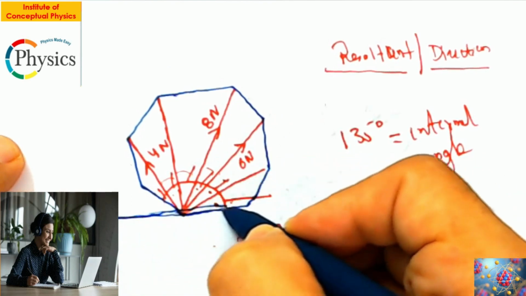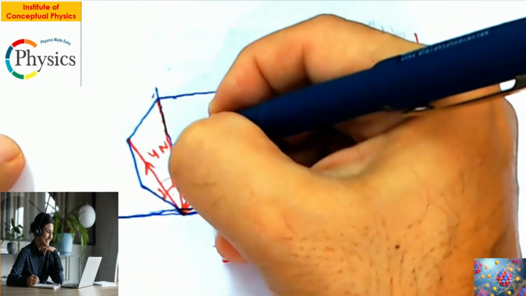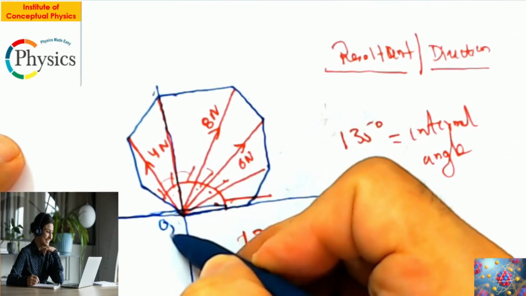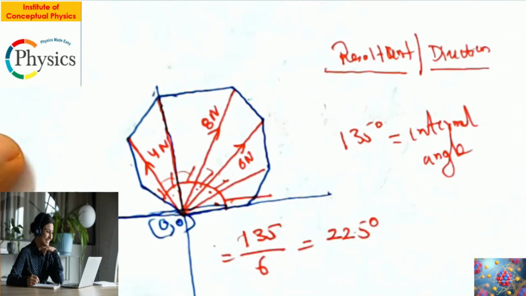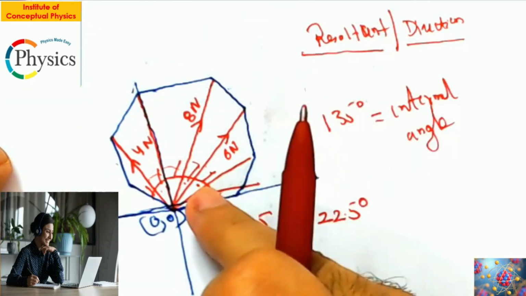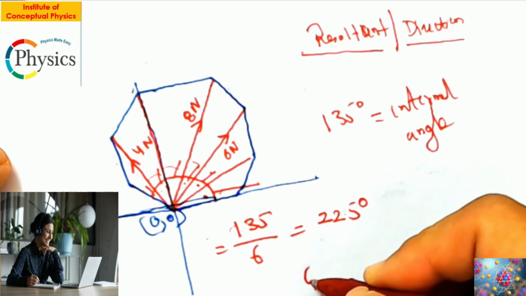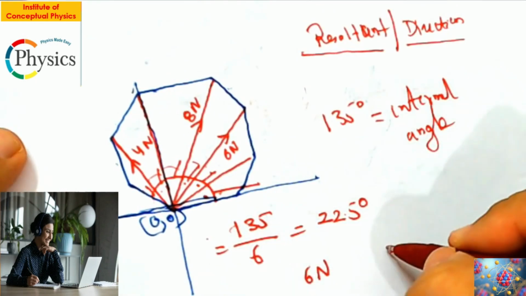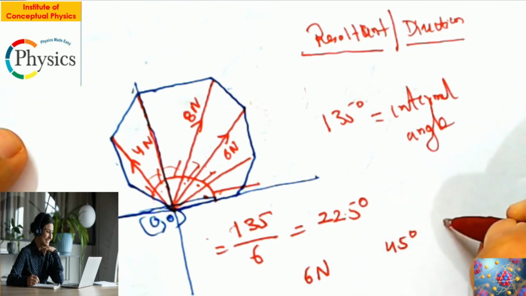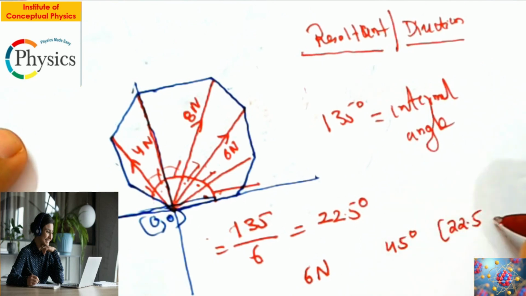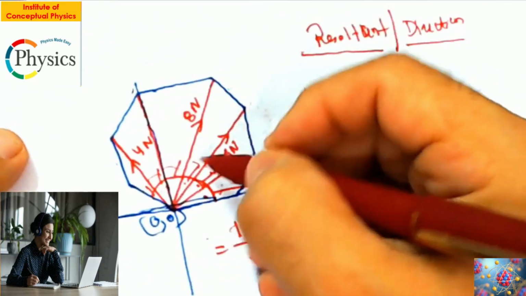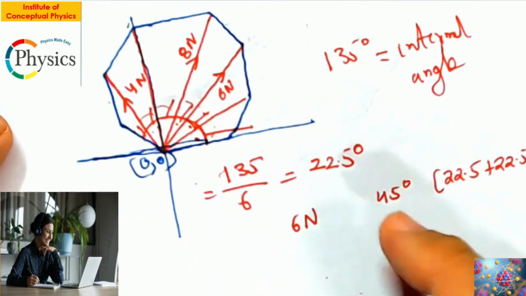I'm drawing a horizontal line, and now you have to calculate the angle made by the force with the x-axis. Each subdivision of 135 degrees is 22.5. From the x-axis there are 2, so it is 45 degrees.